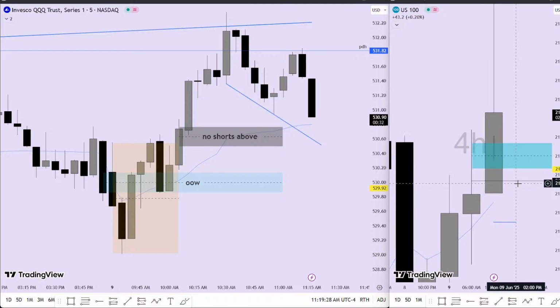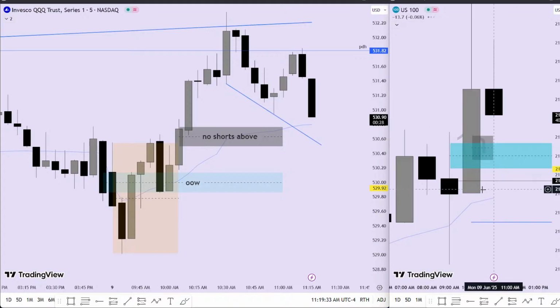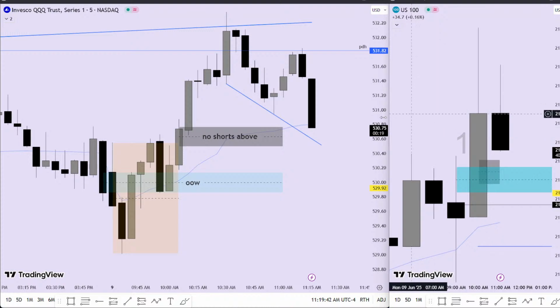So on a 4 hours time frame, we have an inefficiency. On an hourly, we do have that inefficiency. So just keep an eye on it. First leg, second leg, I need a strong signal bar for me to be interested in longs again.